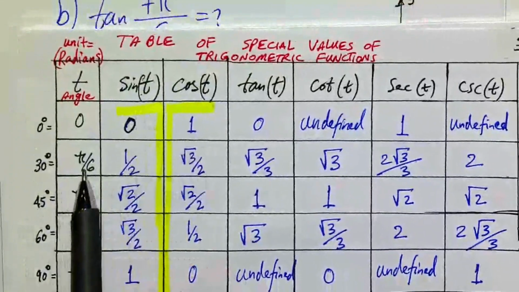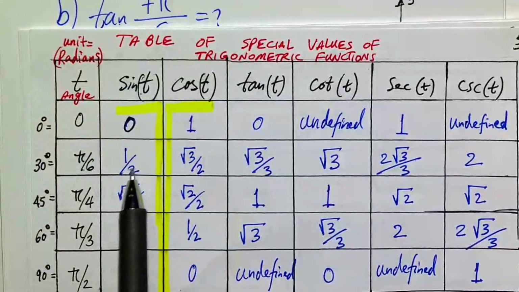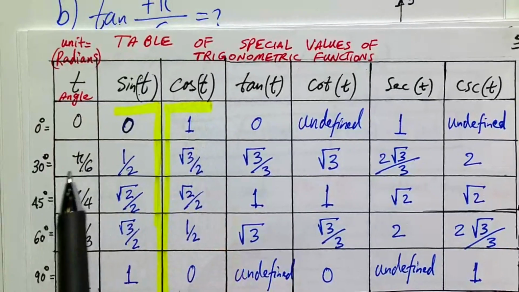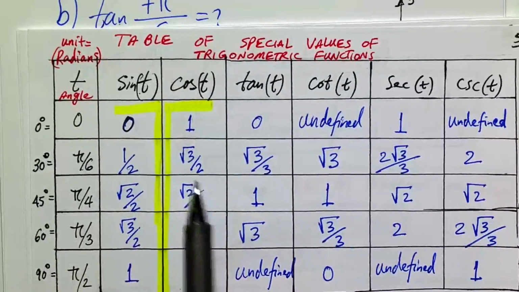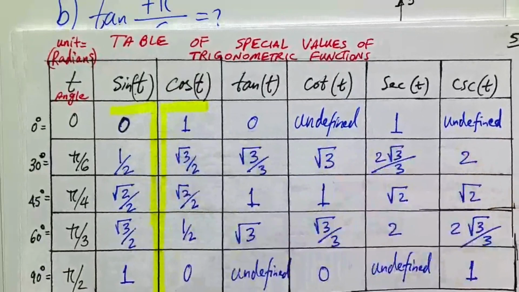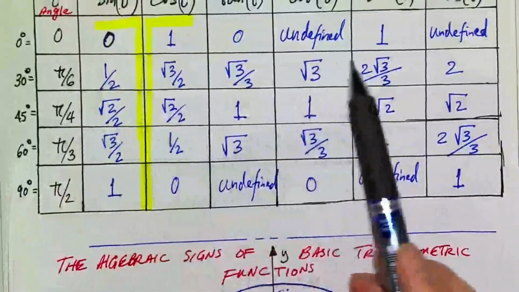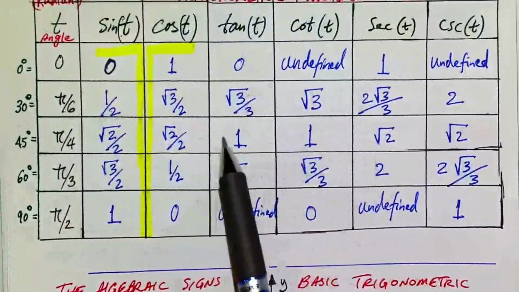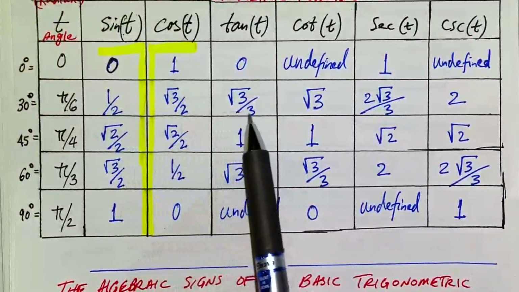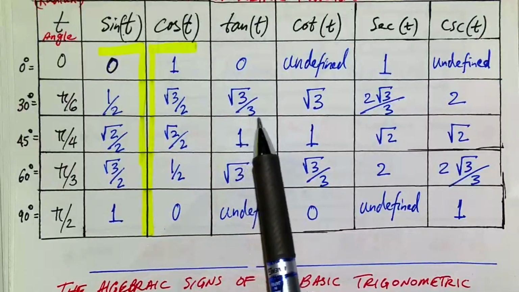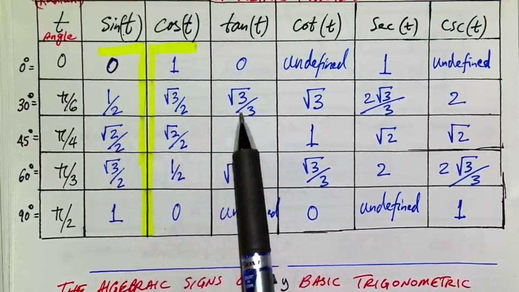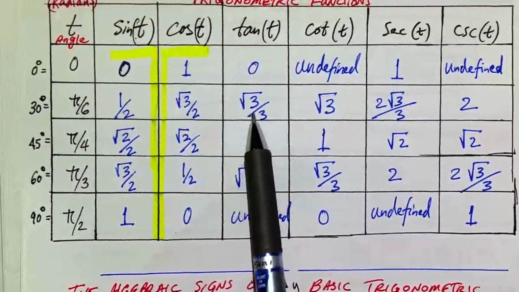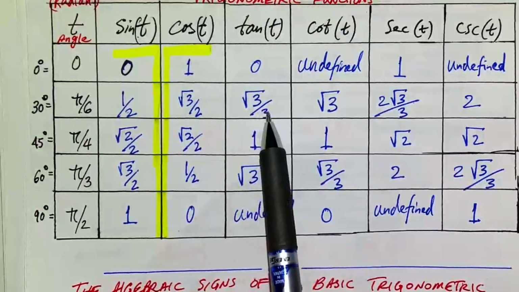That's why I ask you to memorize these first two columns, because then you can calculate the tangent based on that. If you can remember it, you can write it right away.